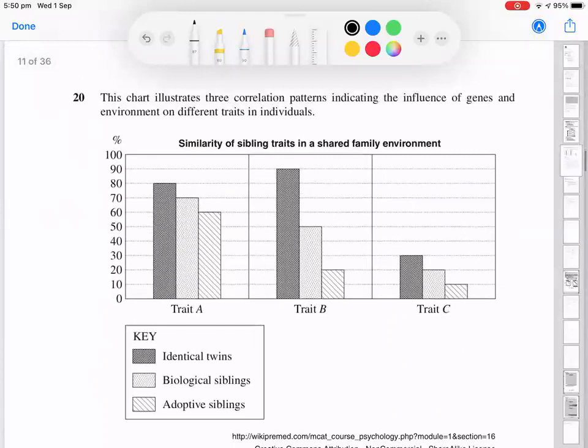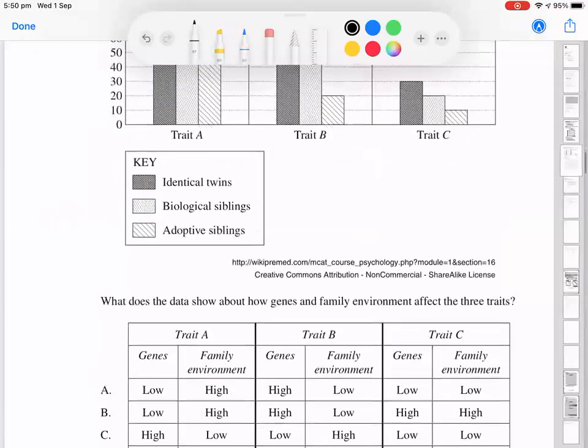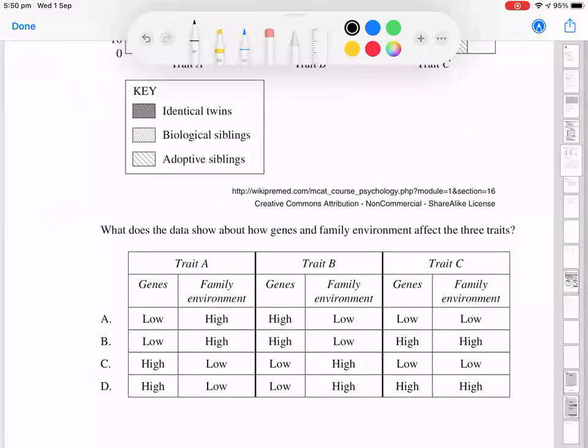Okay. So we're looking at the influence of genes and the environment. So identical twins and biological siblings are going to be more affected by the genetic information, whereas the adoptive sibling will be a good indication of how the environment that the children have been brought up in is influencing the incidence of the disease. Okay. So now we're just going to read off our graph.